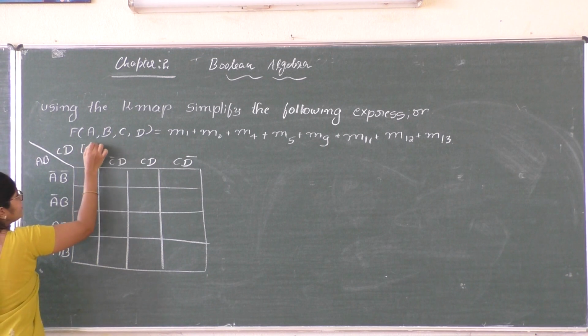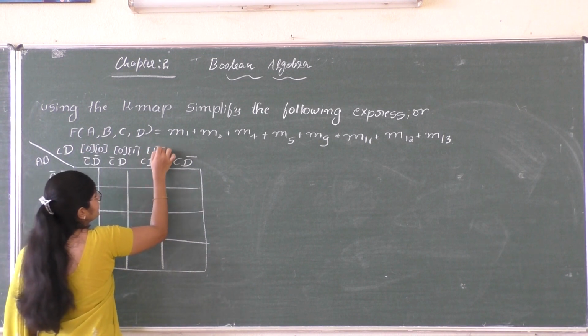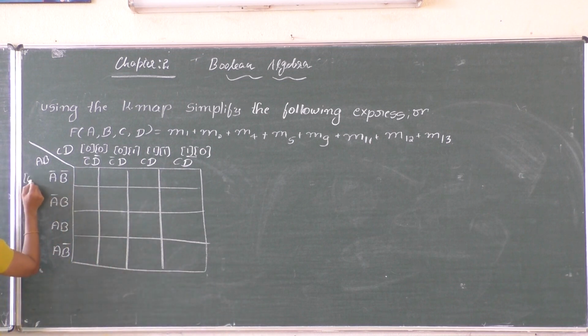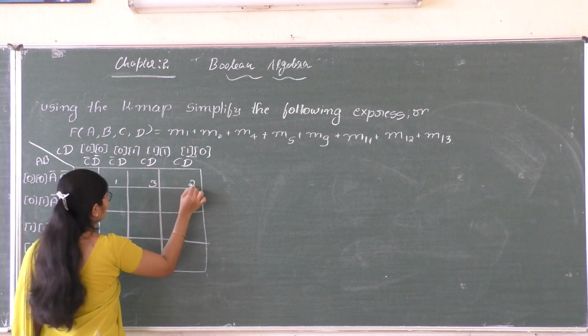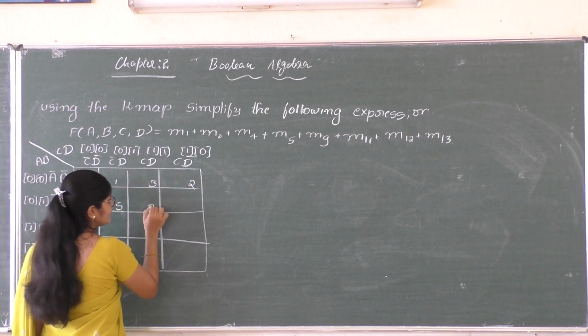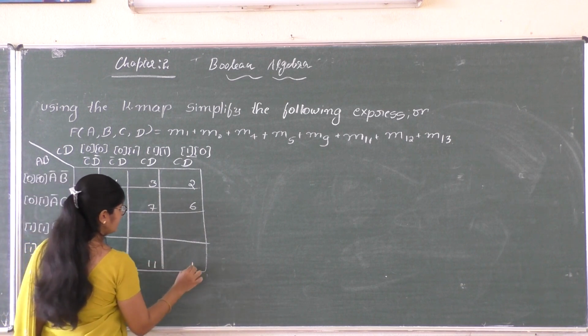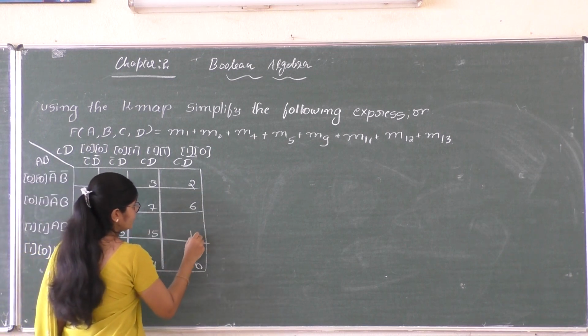Corresponding binary values are 0 0, 0 1, 1 1, 1 0 and 0 0, 0 1, 1 1, 1 0. The numbers of the squares are 0, 1, 3, 2, 4, 5, 7, 6. In the last row 8, 9, 11, 10. In the third row 12, 13, 15, 14.